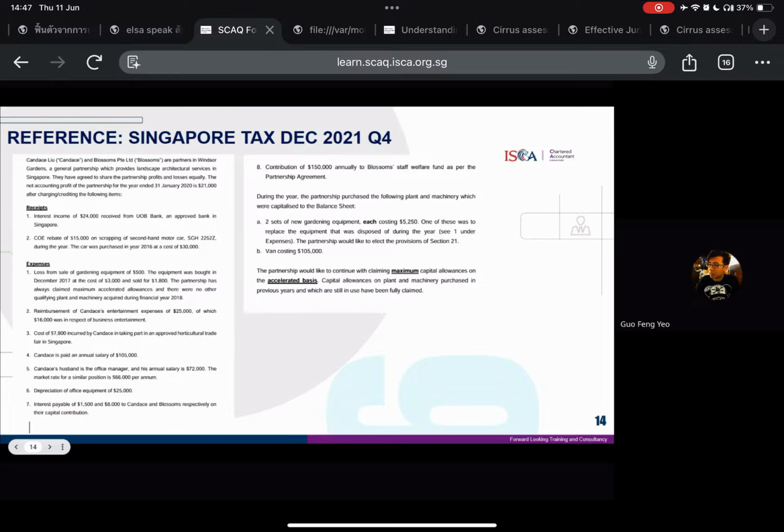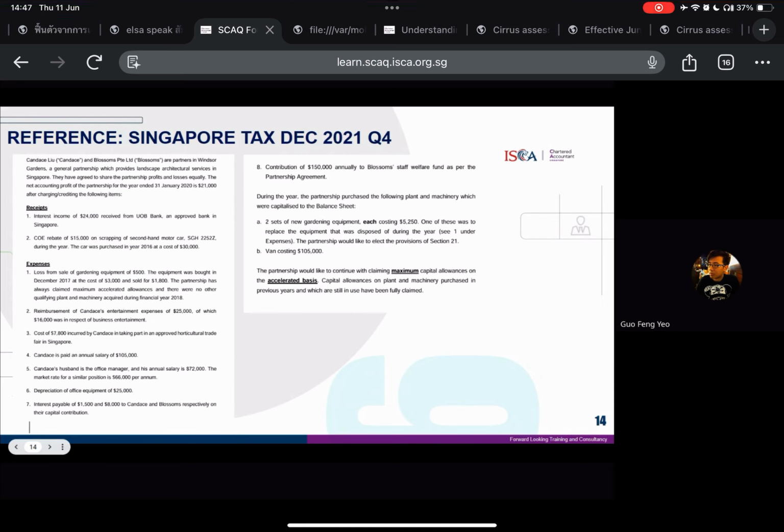Receipts. Interest income of 24,000 received from UOB Bank, an approved bank in Singapore. COE rebate of 15,000 on scrapping of second-hand motor car SGH2252Z during the year. The car was purchased in year 2016 at a cost of 30,000.